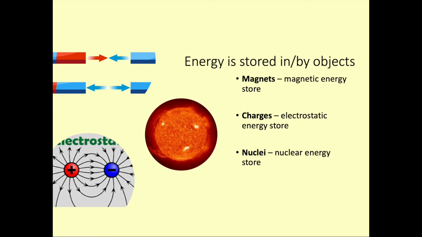And that attraction or repulsion, that stores energy. So it's energy stored as a result of charges or magnets being pulled apart or pushed close together, playing on that attraction and repulsion properties of the magnets or the charges.